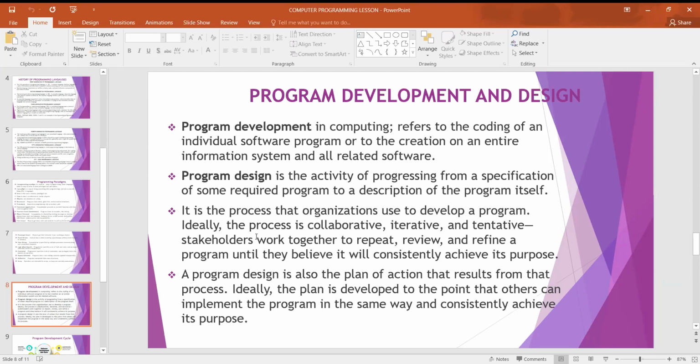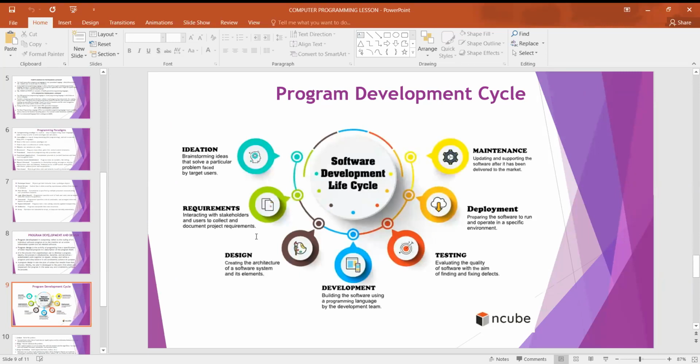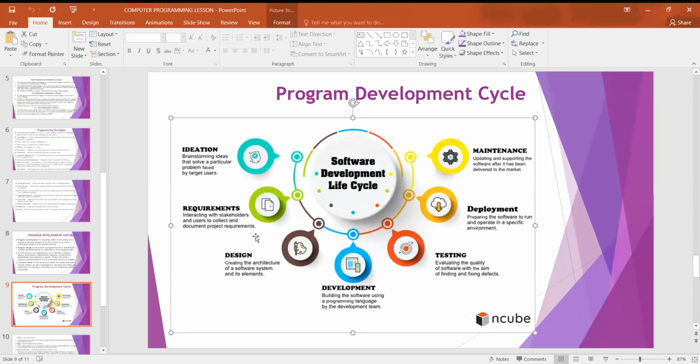So we can talk of a program design as a plan of action that results from the process of programming. We have the programming development lifecycle, which begins with what we call ideation.